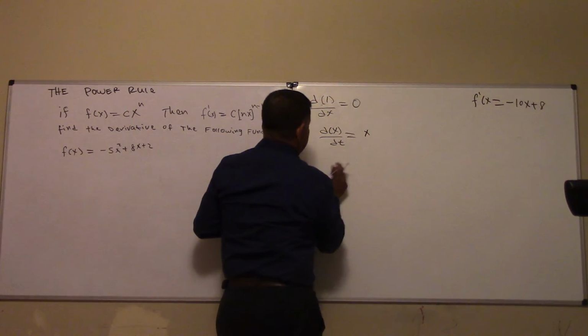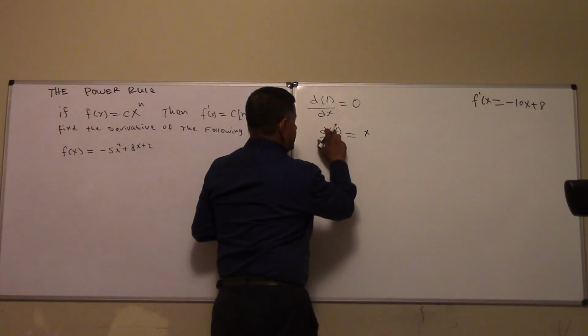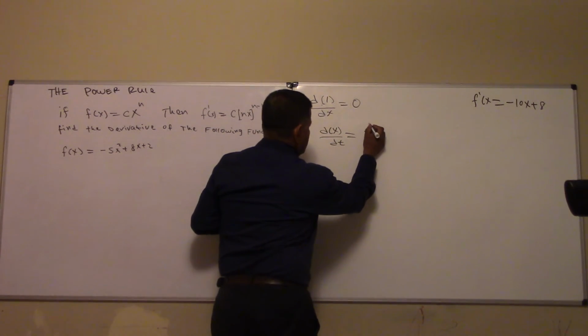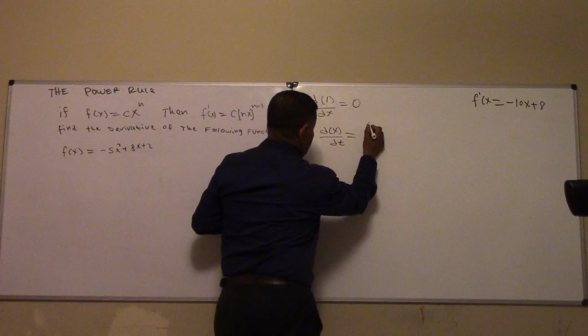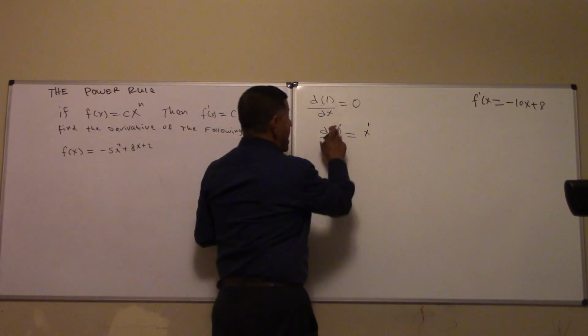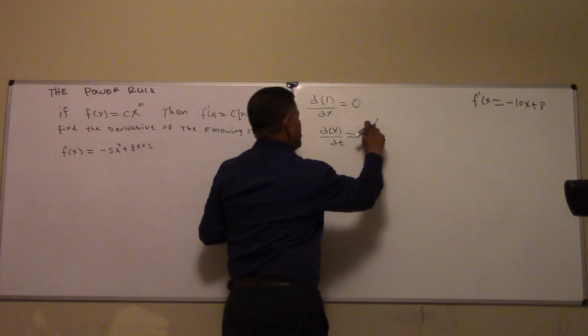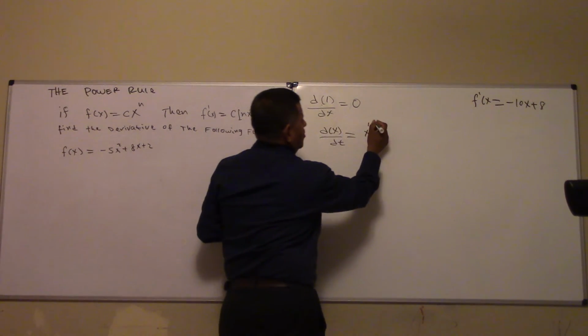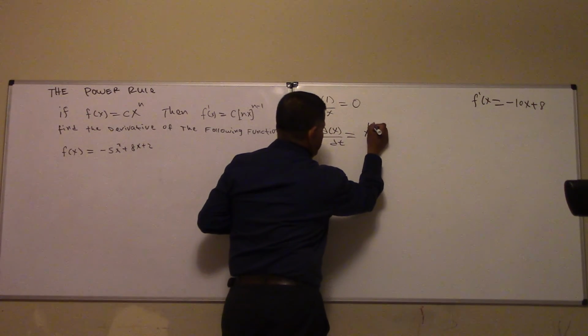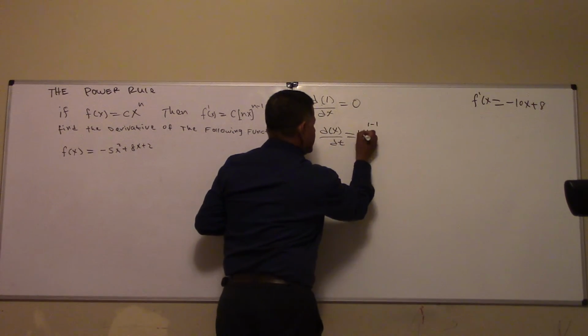x, right? The coefficient of this is 1, and the power is also 1, right? The power of x is just 1, so it's minus 1, right? But the coefficient is still 1.